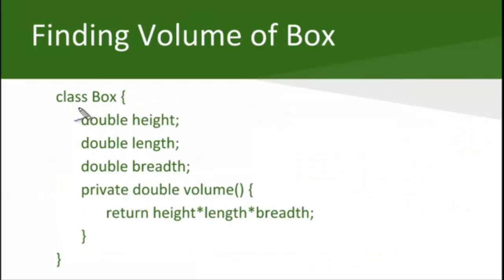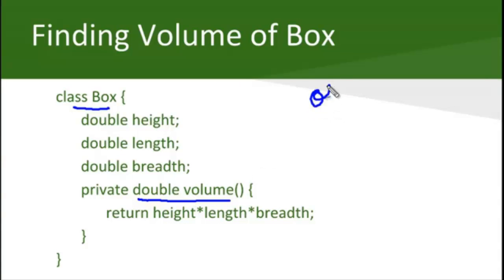Now let us take our example of the class Box and add a method to it. Earlier we found the volume in the main method, but this time we'll be calculating the volume in the class itself, and it will become a method.